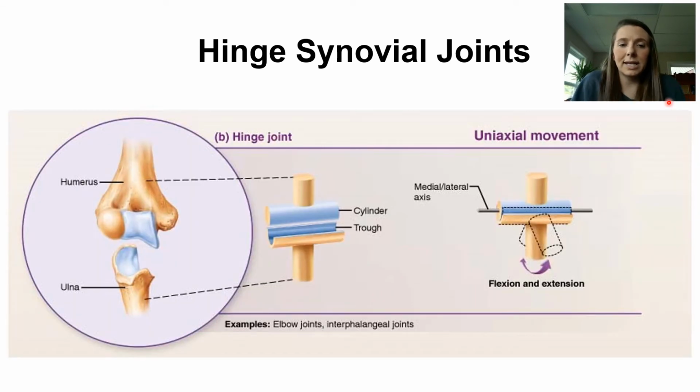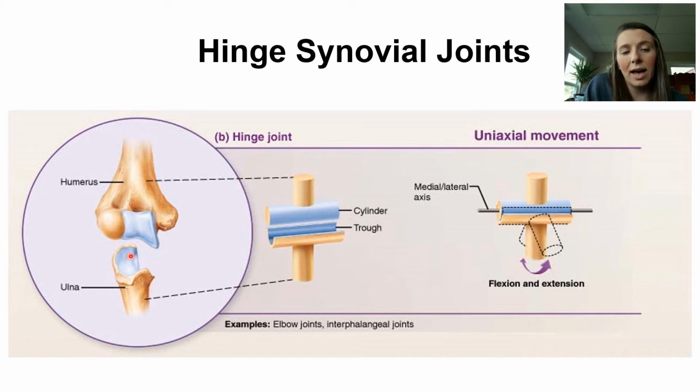The next type is when we start talking about the uniaxial synovial joints. The first one here is a hinge synovial joint. Imagine a cylinder going through a trough, representing our humerus and our ulna coming together. We know what these look like because we've seen them in lab.